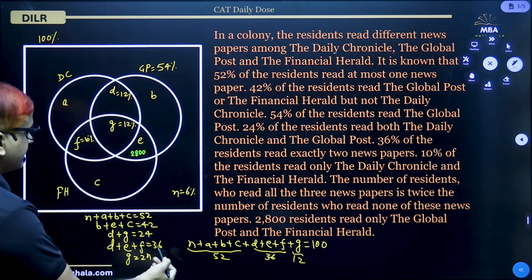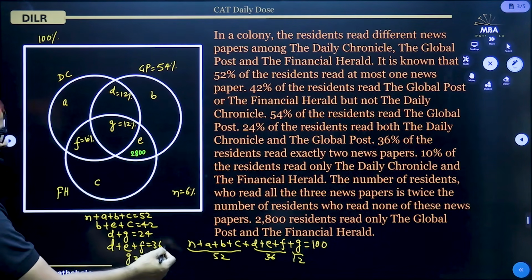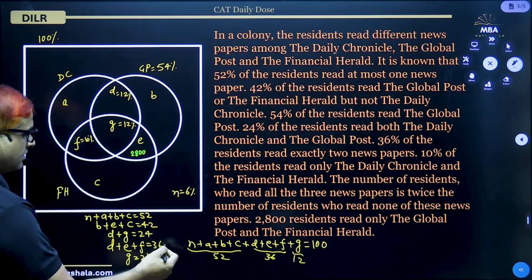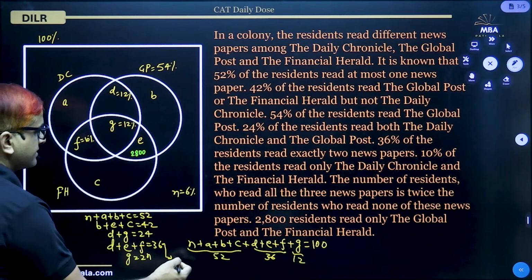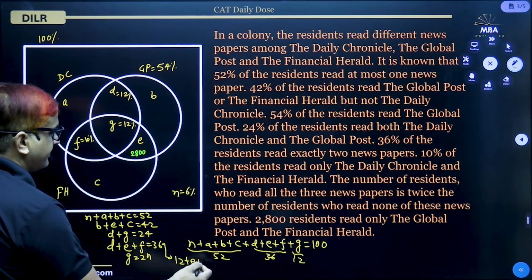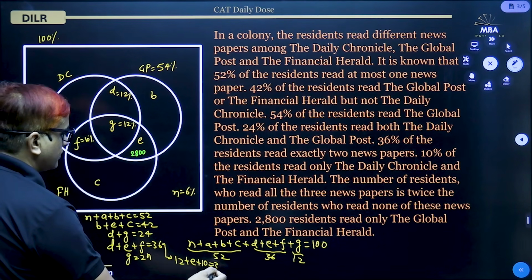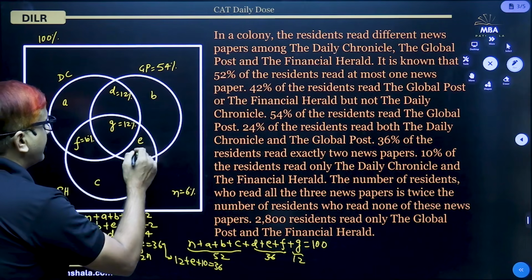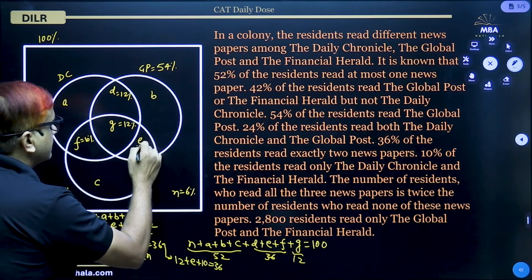So D plus E plus F, this equation we will use. D is already 12%, E we will calculate, and F is 10%. So that is equal to 36, giving the value of E as 14%.